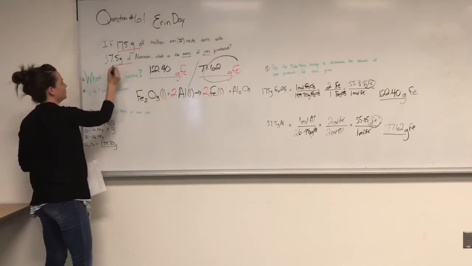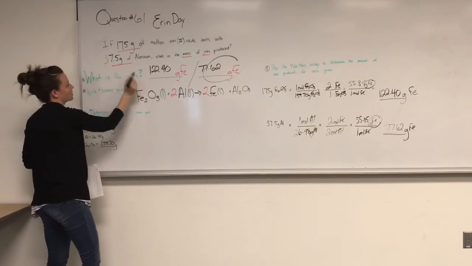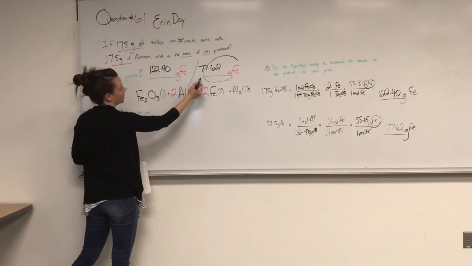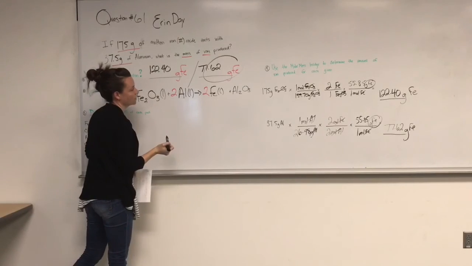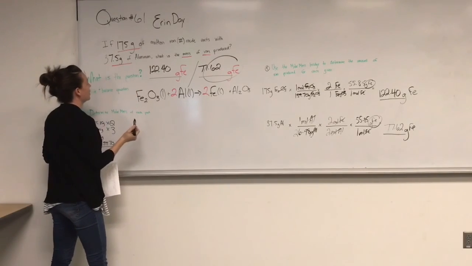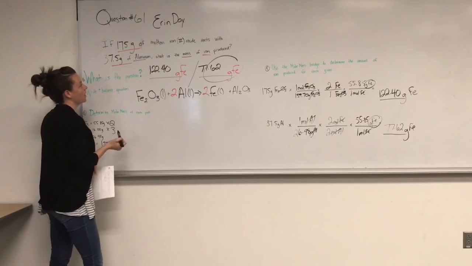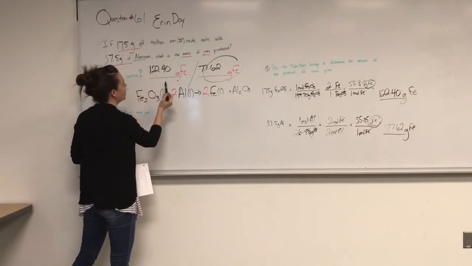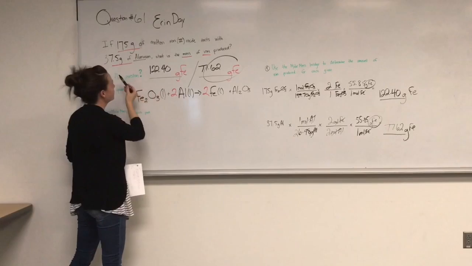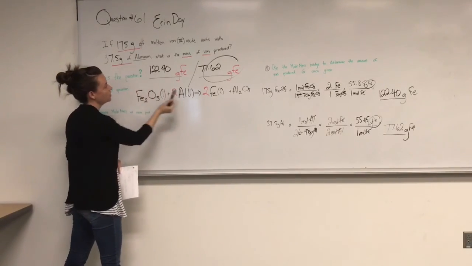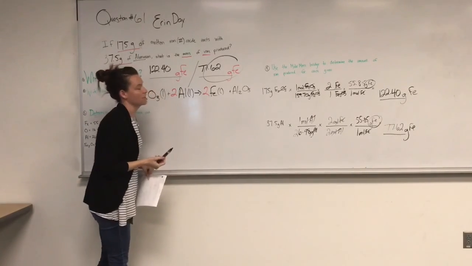So since aluminum gave us a final product of 77.62 grams of iron, we can determine that aluminum is our limiting reagent, and the answer for this question, what is the mass of iron produced in this reaction, is 77.62 grams of iron.